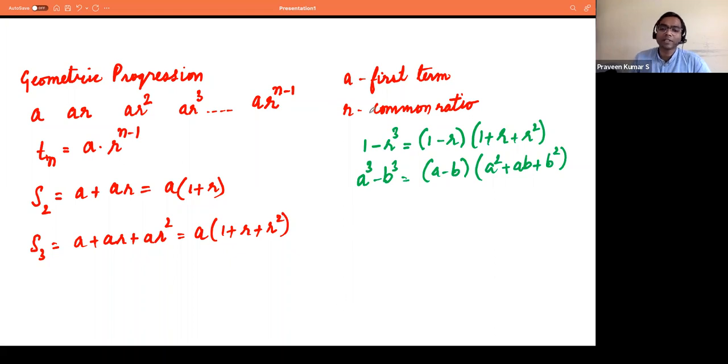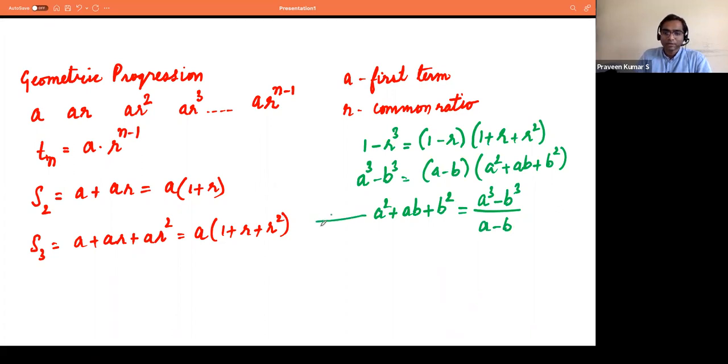Isn't it? So in this case, if you write a is equal to 1 and b is equal to r, what you are writing here is the same thing, right? So a square plus ab plus b square is equal to a cube minus b cube divided by a minus b.